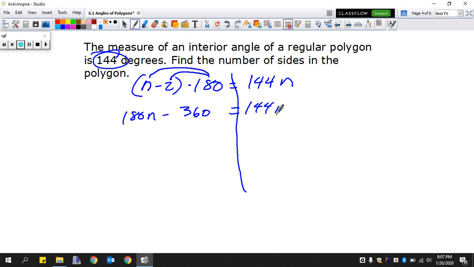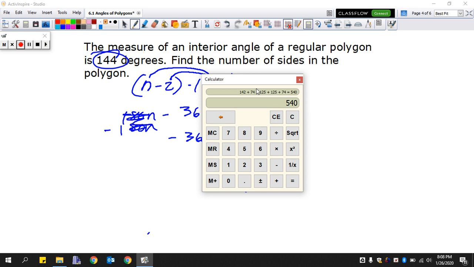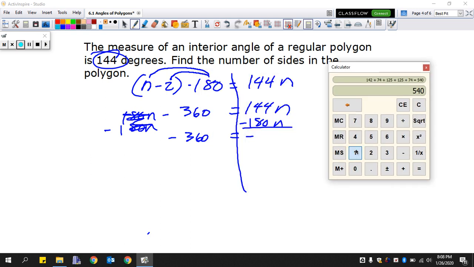Okay, and we're going to subtract 180n from both sides. 180n minus 180n. Okay, so don't forget, we have a negative 360 here is equal to, and if we plug that into our calculator, well, 144 minus 180 is a negative 36.